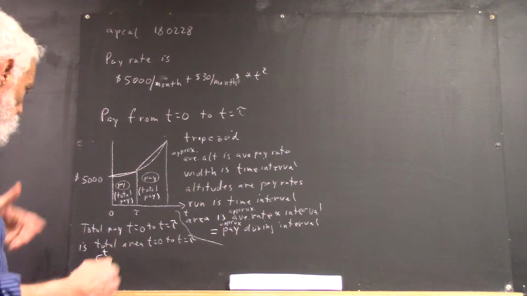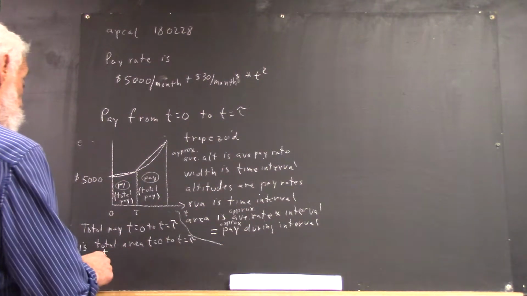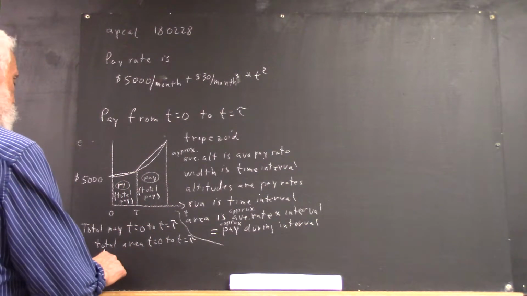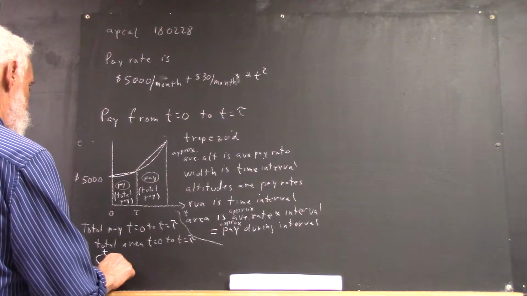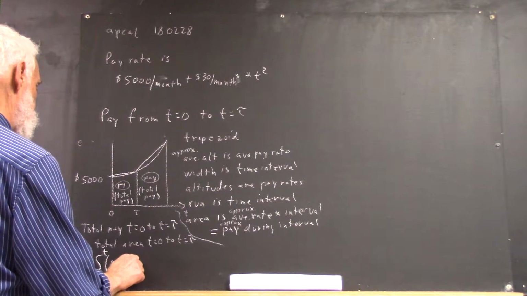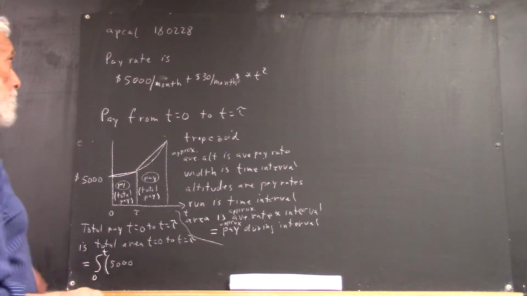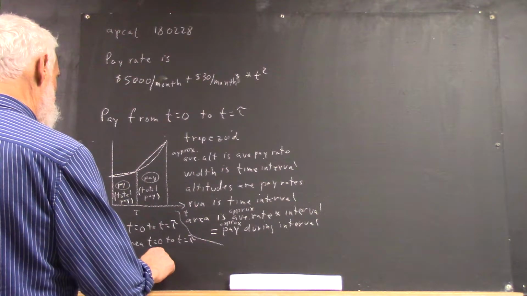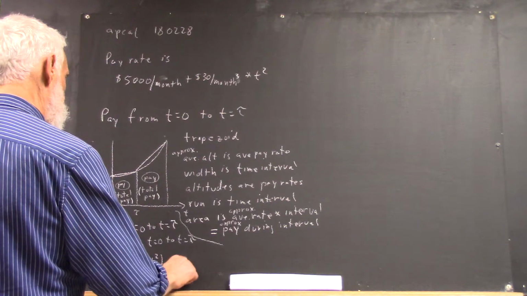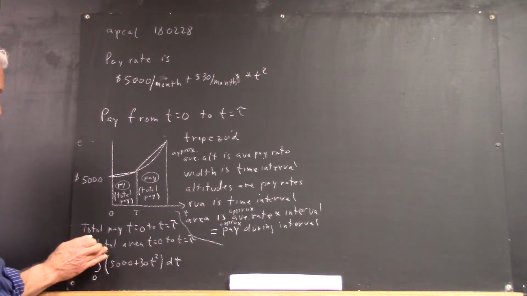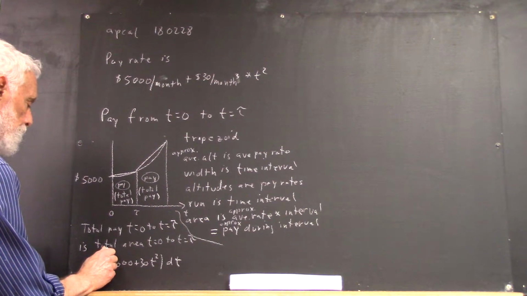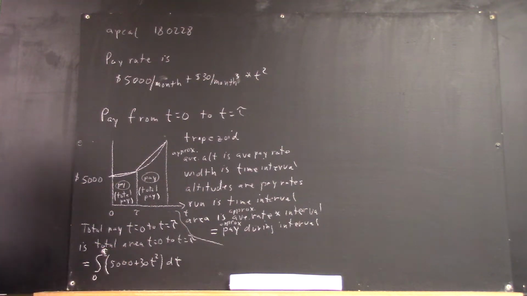So we want to understand that in all possible ways. Then suppressing the units, if I understand that, I'm safe in just saying, okay, I'm just going to look at the numbers. 5,000 plus 30t squared dt. And I said we're integrating from 0 to t. We're integrating, the interval goes from t equals 0 to t equals tau, right?